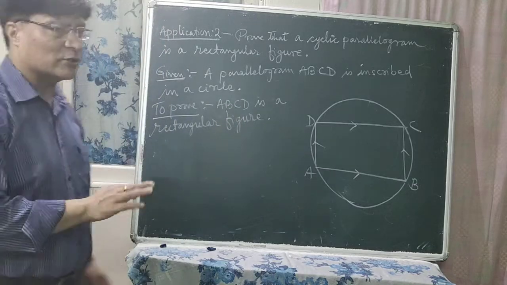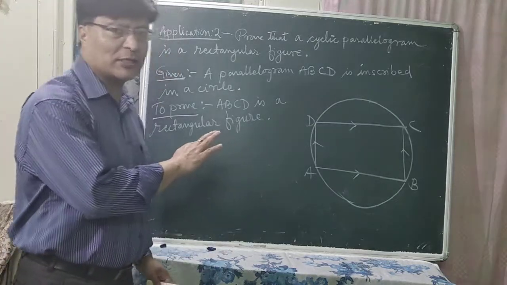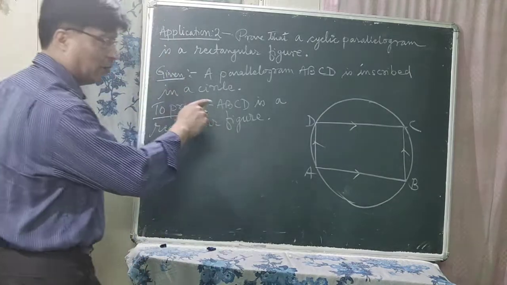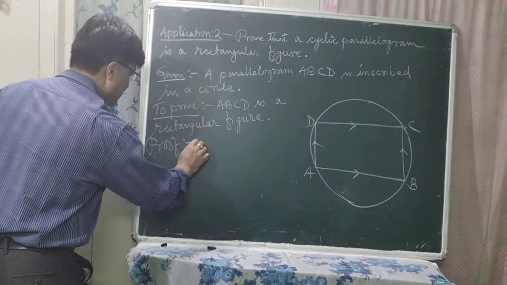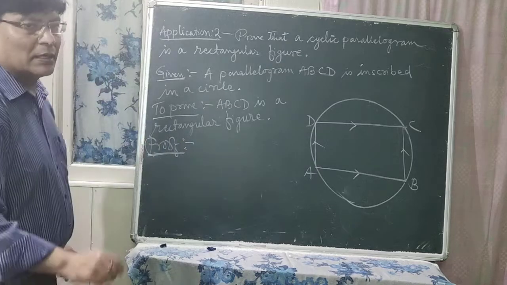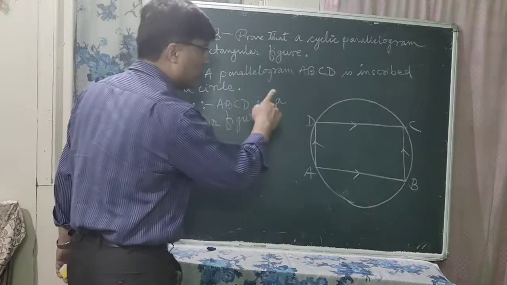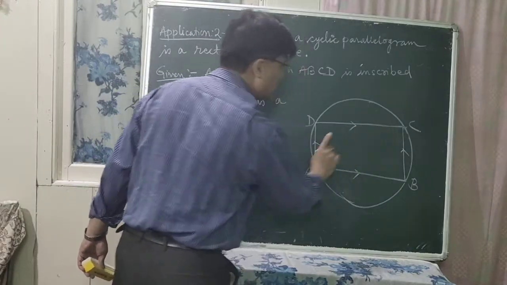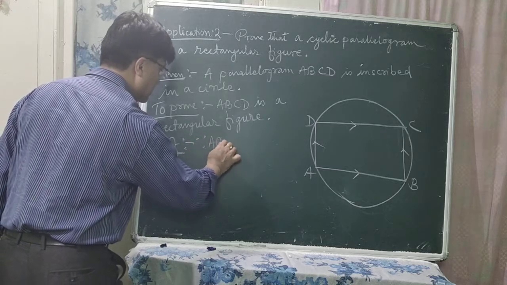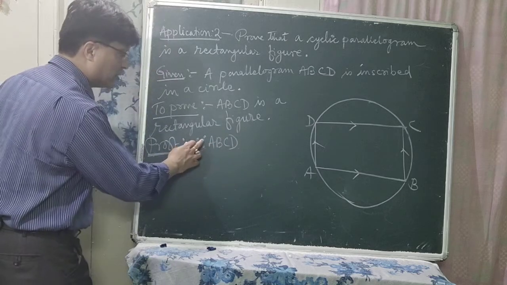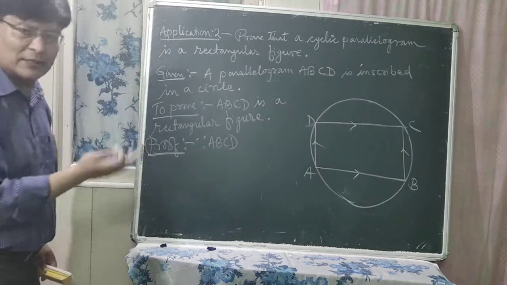So now in this case also no construction is needed in this figure. So now directly we will do the proof part. Now since ABCD is a parallelogram, in case of a parallelogram their opposite angles are equal. Here I have written therefore, opposite of therefore means since.